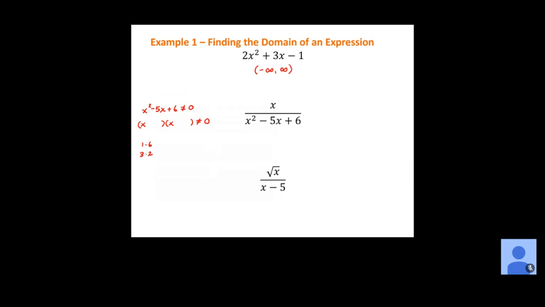So now we got to think about which one we want to use. Well, what do we know about our signs here? What kind of signs are we going to have? They're both going to have to be negative, right? Because we need a positive 6, but we also need a negative 5x in the middle. So I need a negative and a negative.